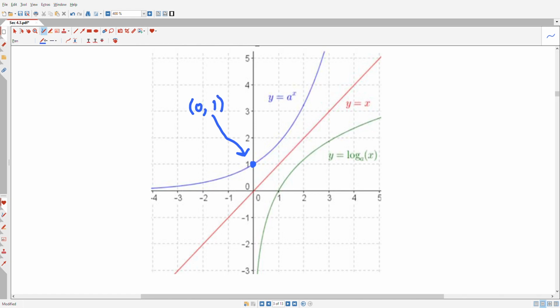And as we discussed right before our long spring break, to get a graph of an inverse function, you can reflect your original graph through the line y equals x. So when we reflect through the line y equals x, this single point (0, 1) gets reflected to the point (1, 0).